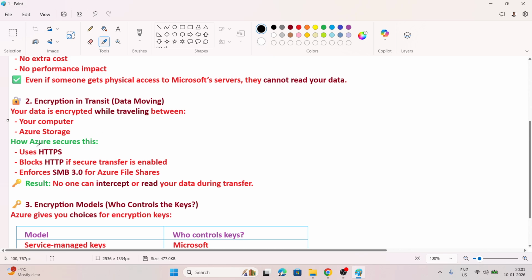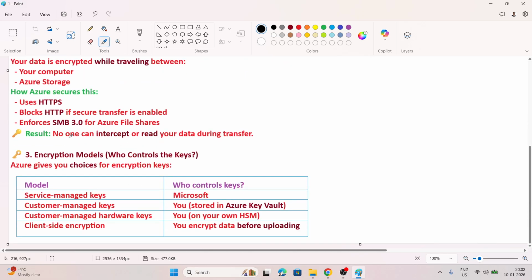Azure secures this using HTTPS and blocks HTTP if secure transfer is enabled. Then it enforces SMB 3.0 for Azure file shares, meaning no one can intercept or read our data during transfer.